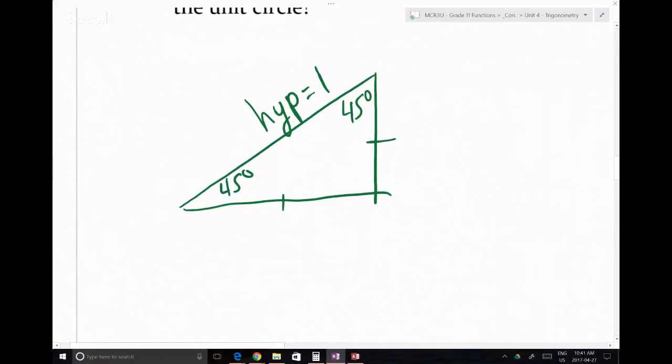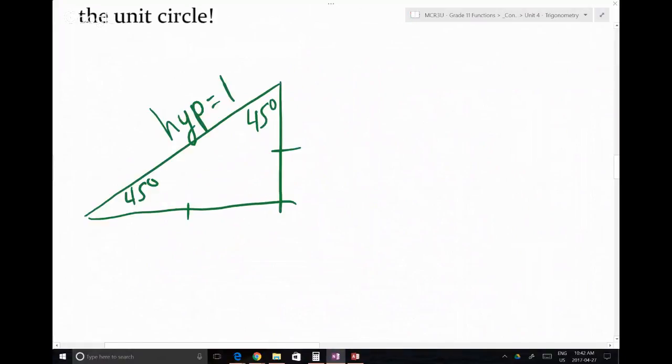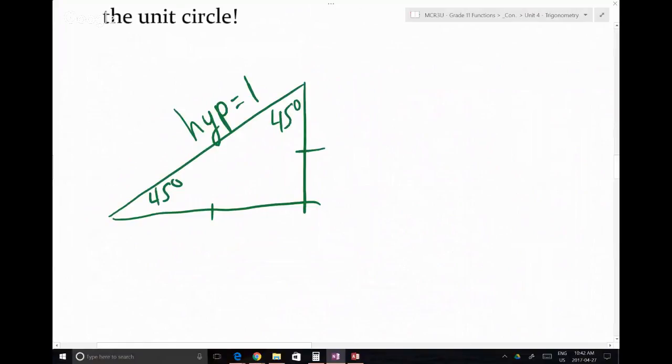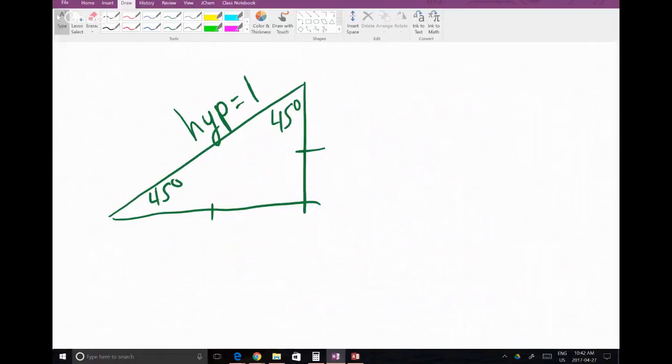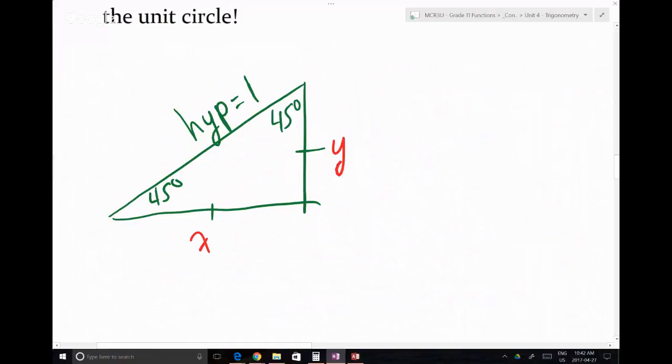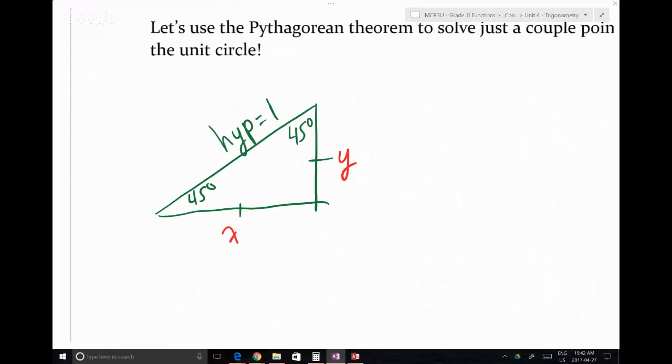Well, if these two sides are equal, because those two angles are equal, we can figure out how to find them. If this is x and this is y, we could use the Pythagorean theorem to solve this one, and we can figure out what those numbers actually are.